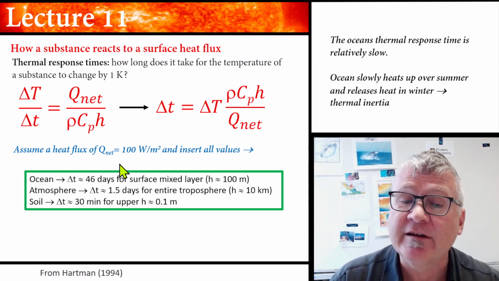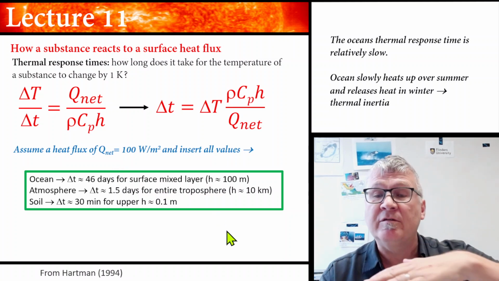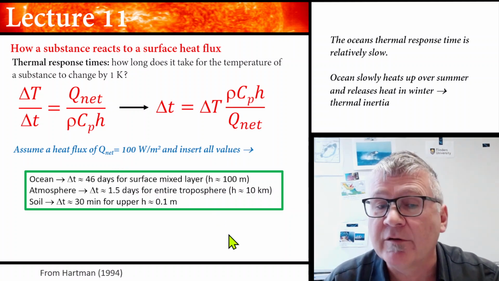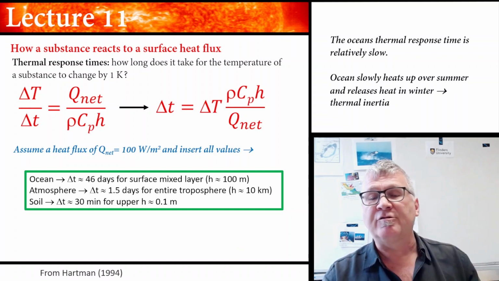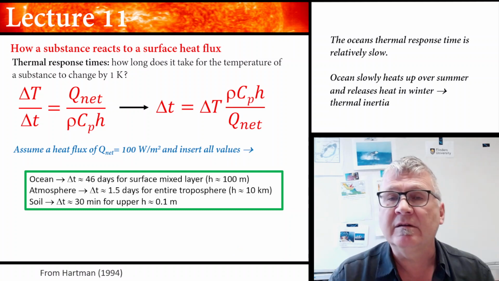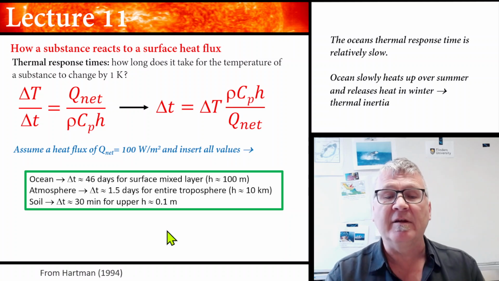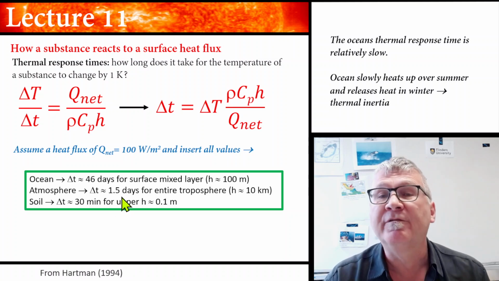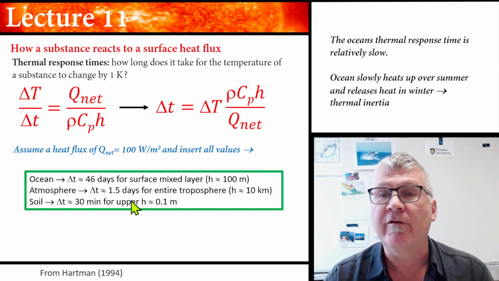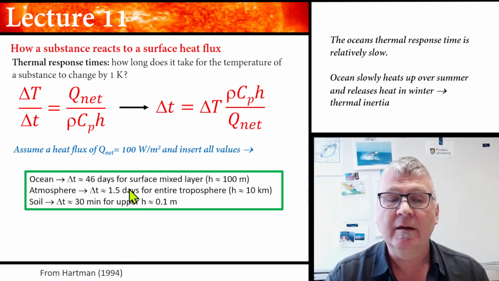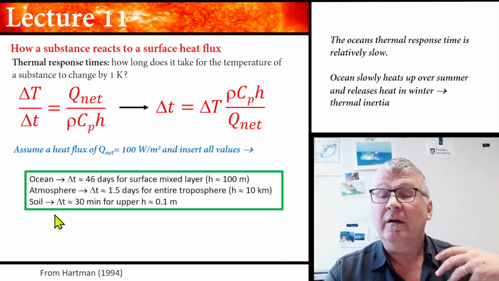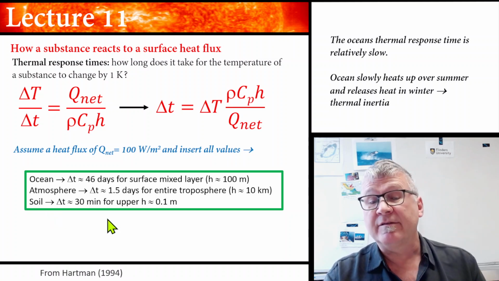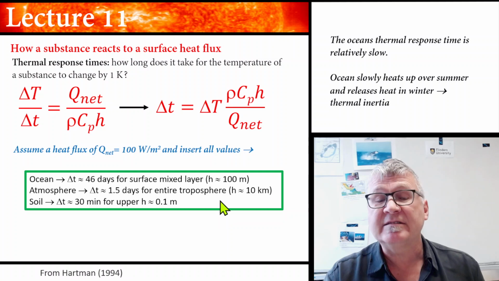For the atmosphere, if you assume a sensible heat flux of 100 watts per square meter and you mix it over the entire troposphere, the height scale is 10 kilometers, it will take 1.5 days. Very, very quick. For soil, it will take 30 minutes for the upper 10 centimeters.